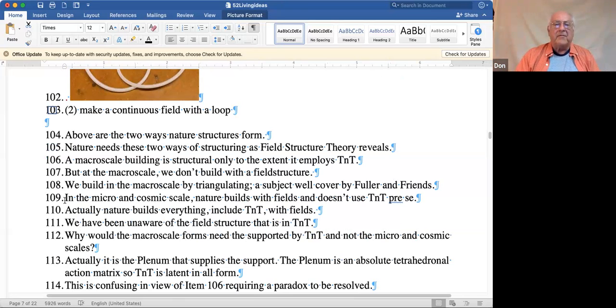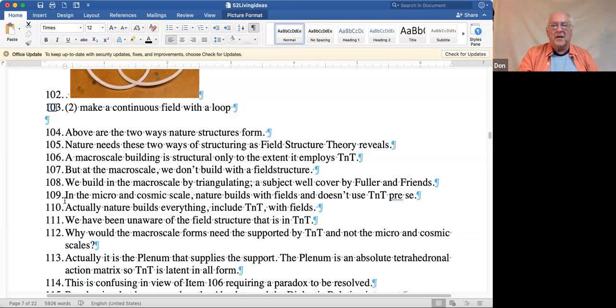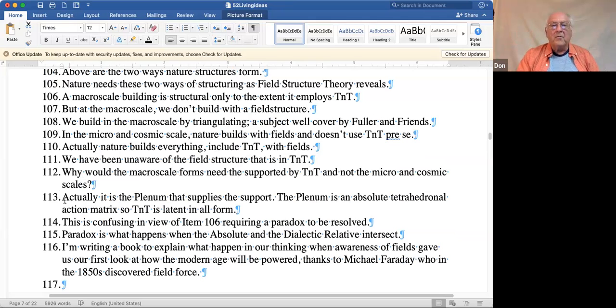Actually, nature builds everything, including TNT, with fields. Even a triangle or a tetrahedron is really a set of little fields that are being linked together. Why would the macro scale forms need the support of TNT and not the micro and cosmic scale forms?